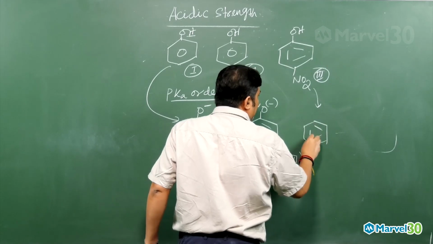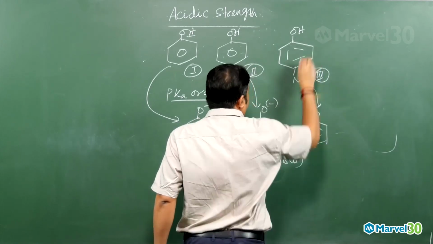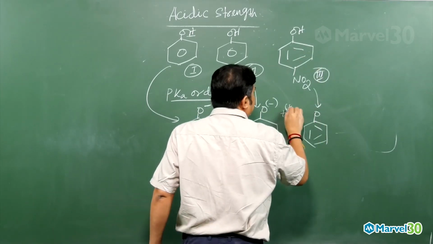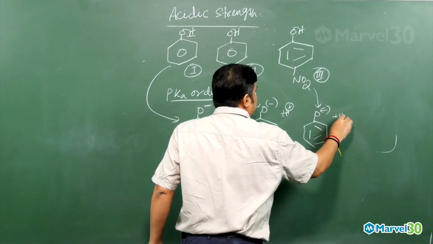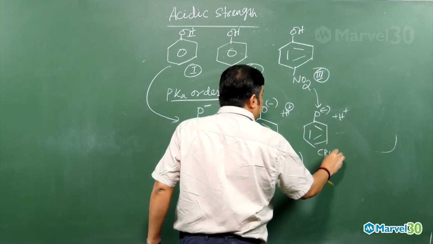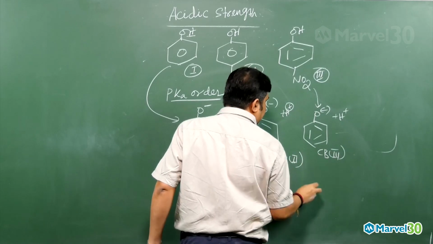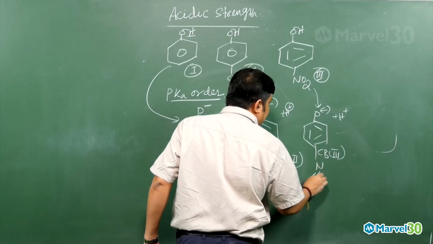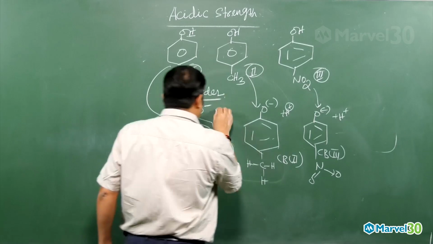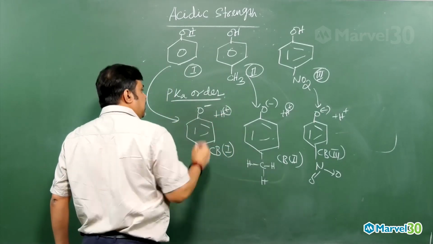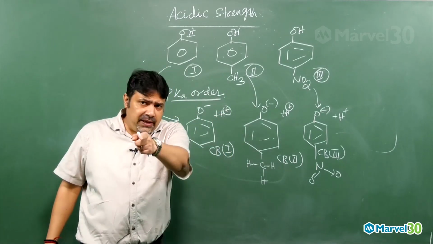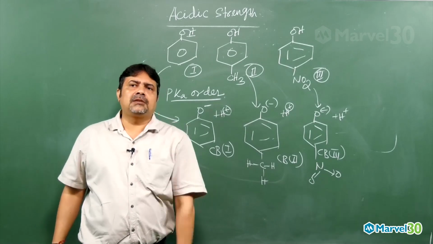In all cases there is a loss of proton. This is conjugate base 3, and here the nitro group will be like this. That means the more stable the conjugate base, the stronger the corresponding acid.